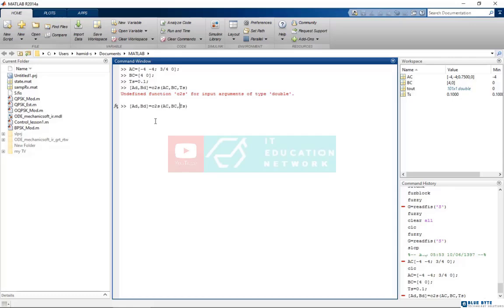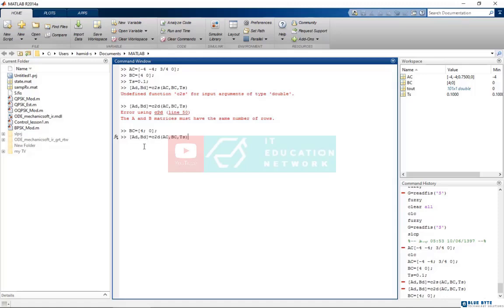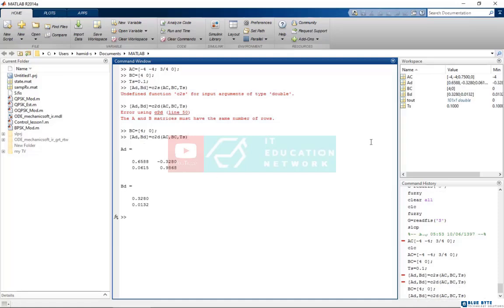The reason for this error is that I typed the matrix B amounts wrong. After entering the codes, you can see the discrete matrix here. AD is a 2 times 2 matrix and BD is a matrix with 2 rows and a column.